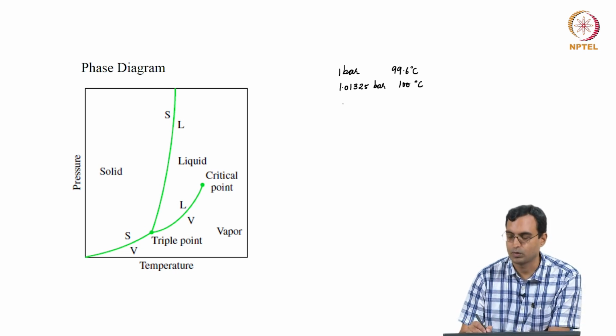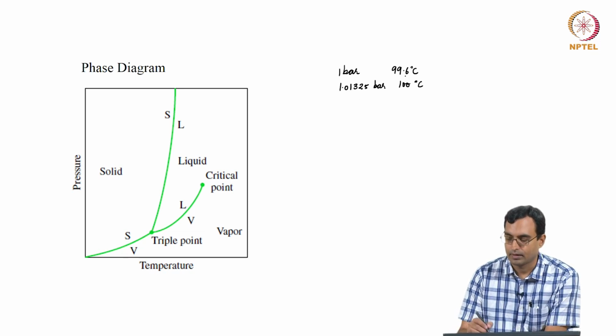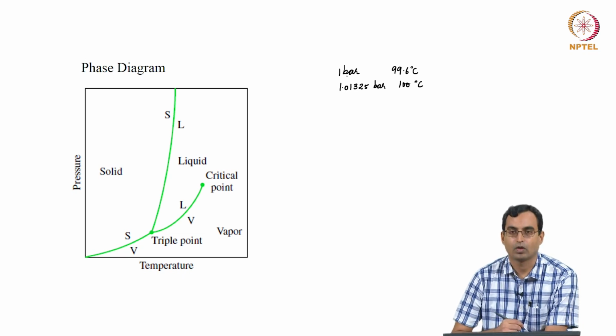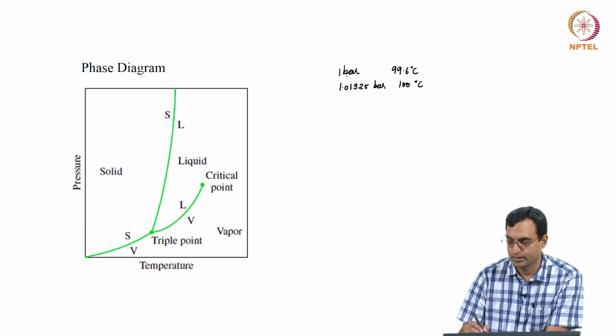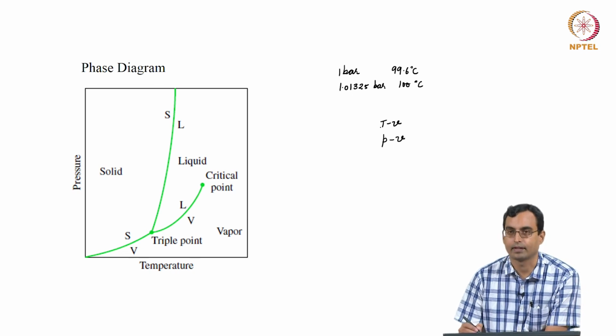Similarly, at a pressure of 2 bar, we have, for example, close to 120 degrees centigrade and so on. So, we can join all of these points on a P versus T diagram. So far, we have been looking at TV diagrams in general. We initially looked at TV diagrams, and then we looked at PV diagrams. We can also look at P and T diagrams.